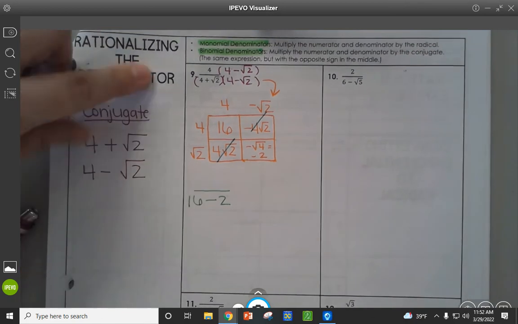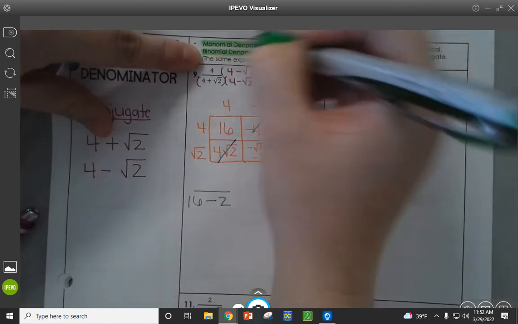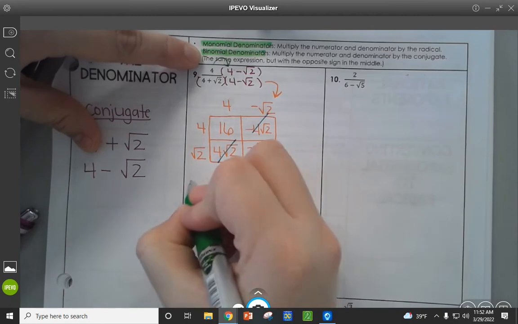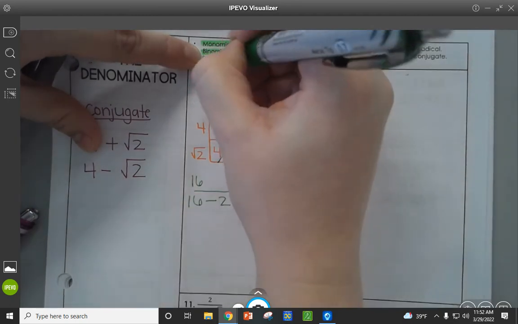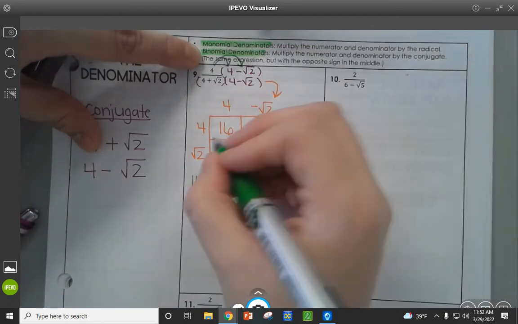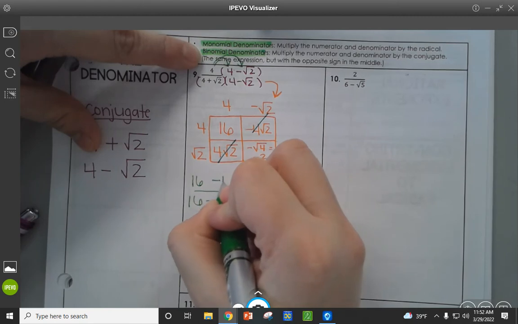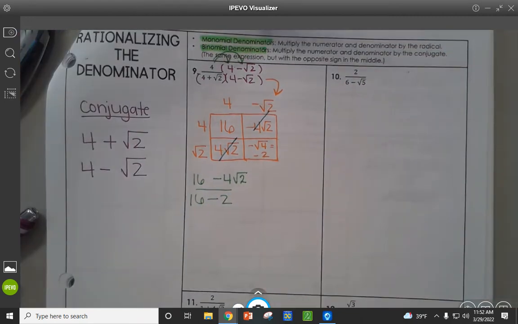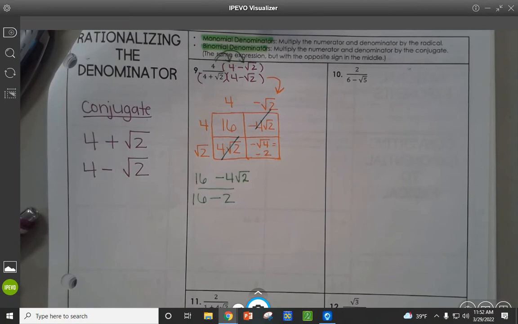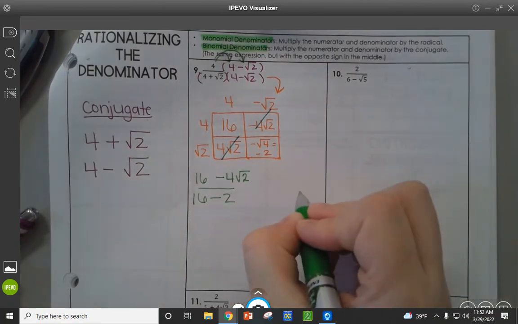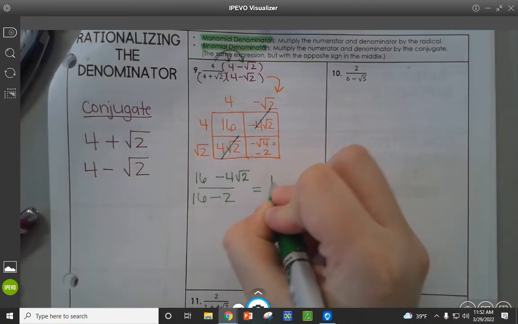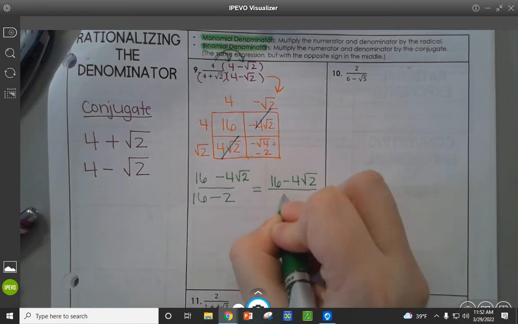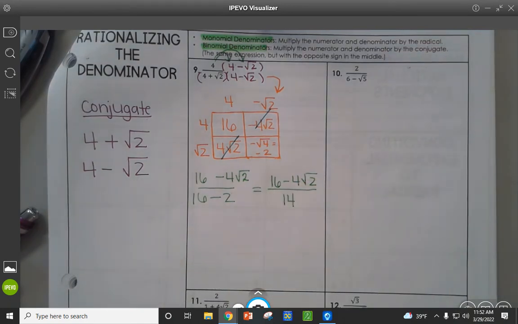On the top, the numerator, we have to distribute. What's 4 times 4? And then 4 times negative square root of 2. Yeah, negative 4 square root of 2. So this is 16 minus 4 square root of 2 over 14.